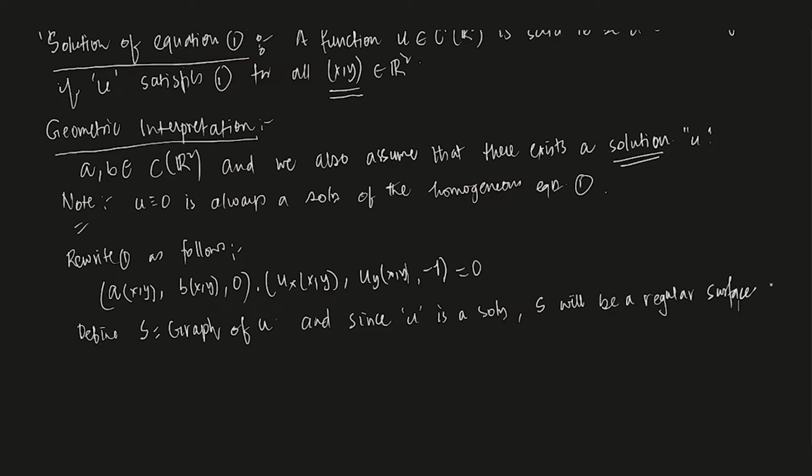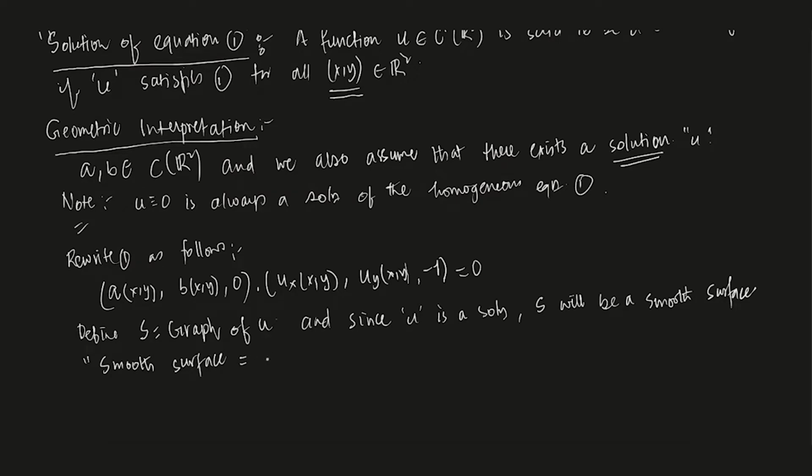What I meant by this is, for every smooth surface, not a regular surface. So let's put it like this: it is a smooth surface. And what do I mean by smooth surface?